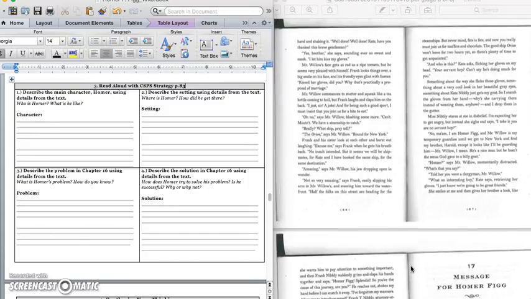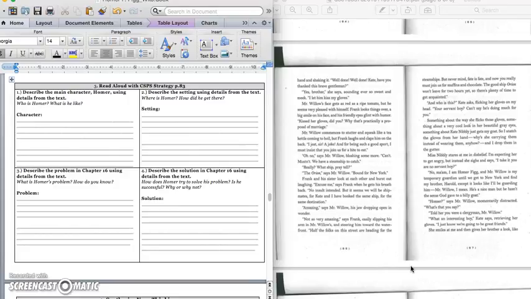On page 87, let's go back to where it says something about the way she flicks her gloves, something about the very cool look in her beautiful gray eyes, something about Kate Nibley just gets my goat. So underline that sentence right here. That is Homer's problem.